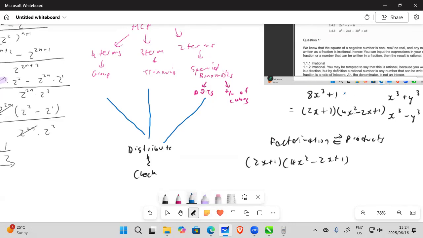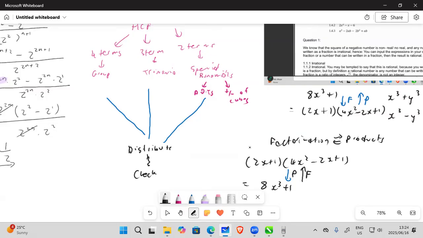Given factorization, to go from here to here, we use factorization. If I want to check, I must distribute, so I have to go in the opposite direction, which is products. To go from here to here is products. If I want to go back up in the reverse direction, I must use factorization.